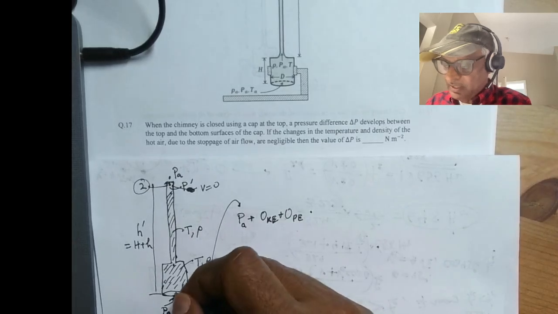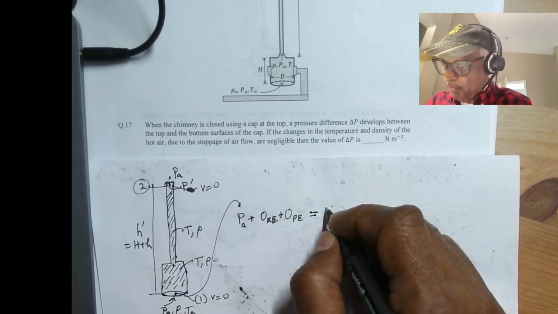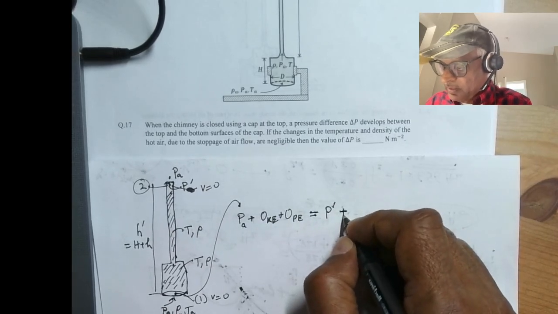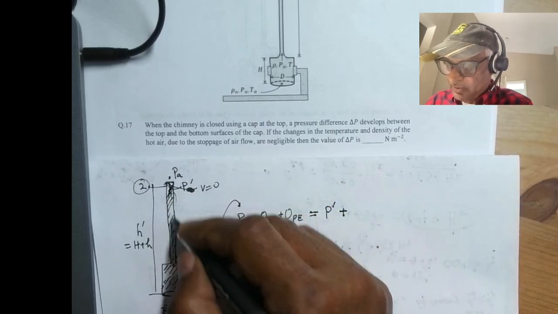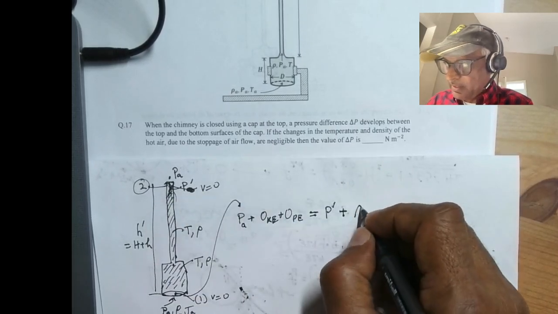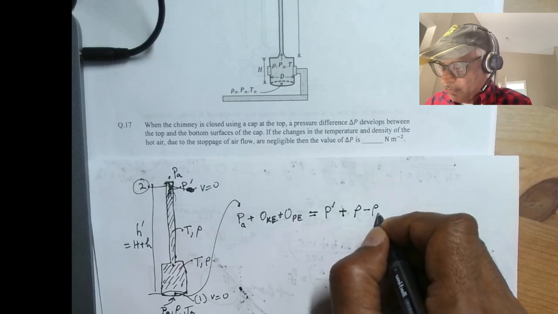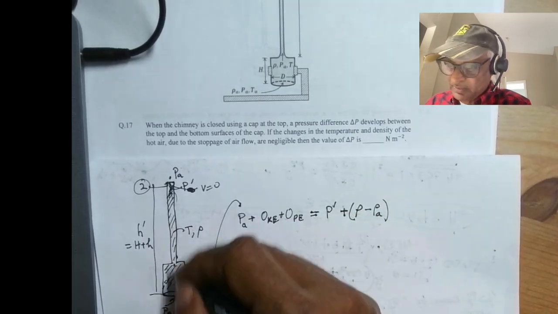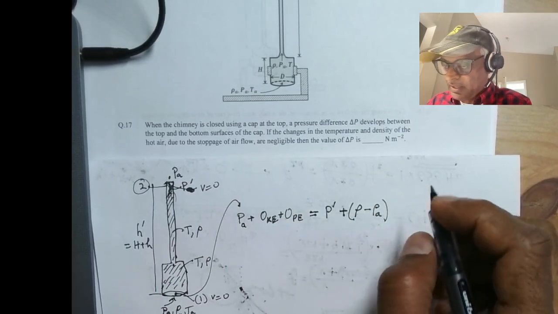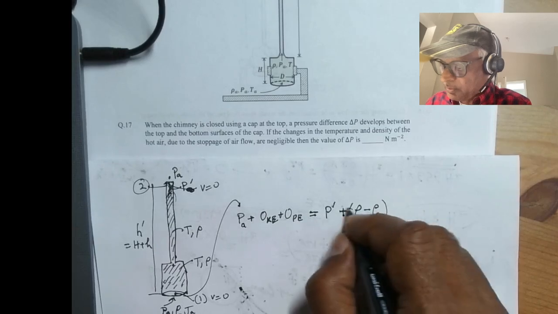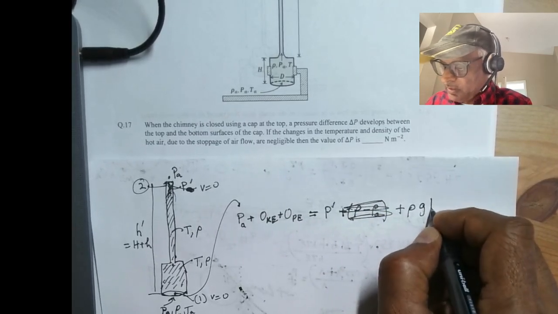but the density here is different than our density over there, so you'll have a P prime. The density for that density, so this will be the difference, the density difference that will happen between, so rho GH has to be rho GH prime.